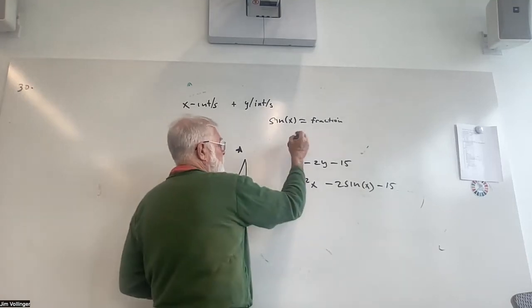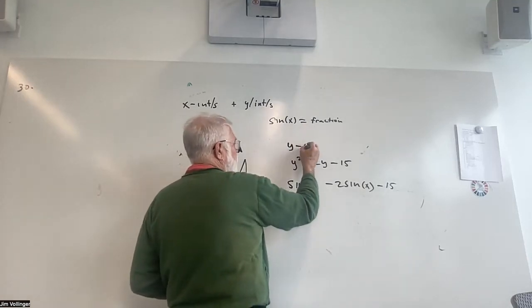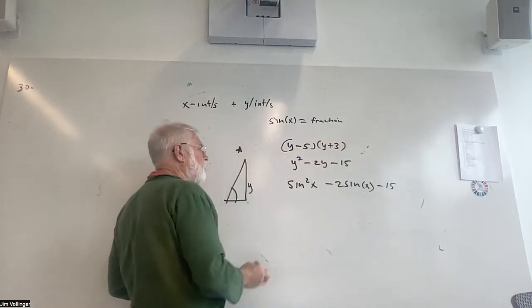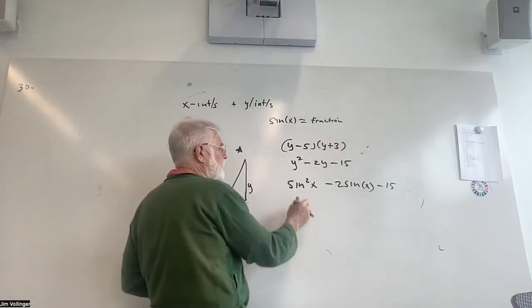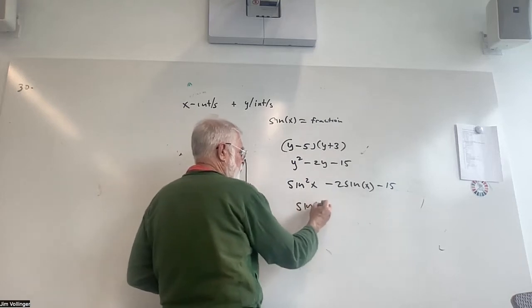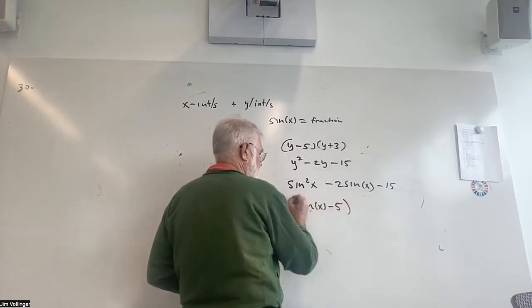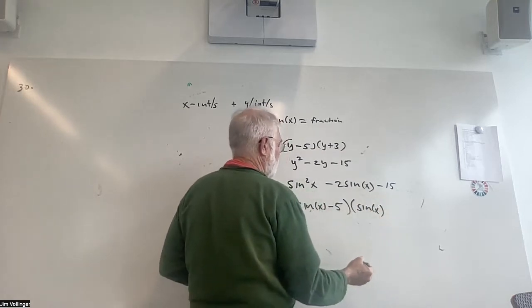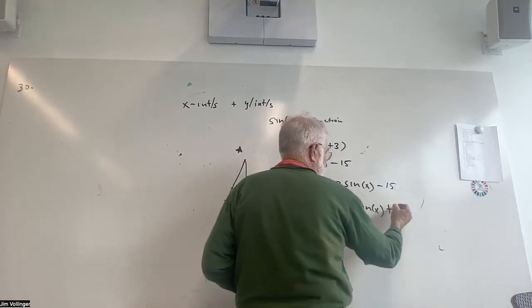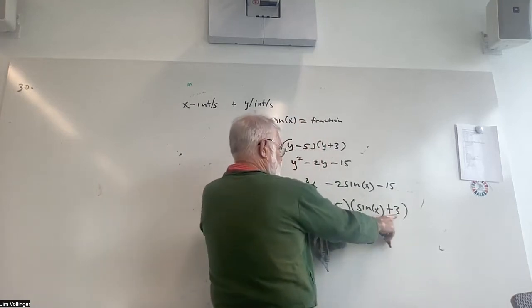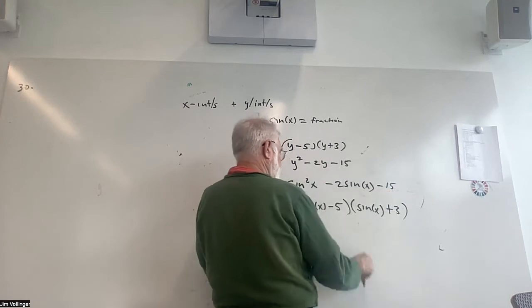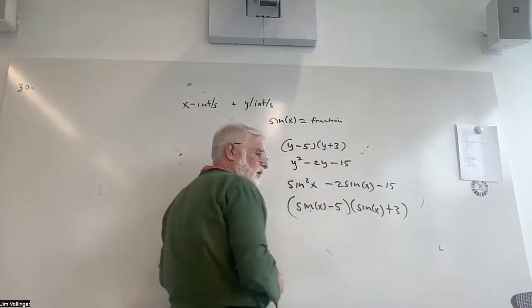I hope you would see that you have y minus 5, y plus 3 with a little bit of practice. So what was y standing for? The sine function. So I've got the sine of x minus 5 times the sine of x plus 3. And we can see the interchange gives me the -2, the multiplication gives me the minus 15, and the multiplication gives me sine squared x.